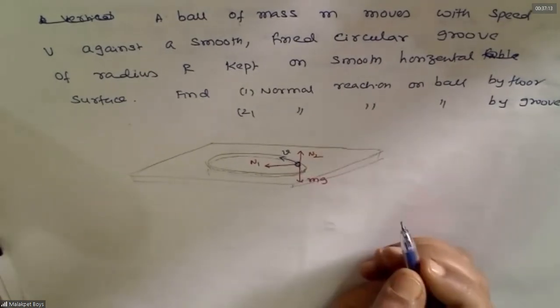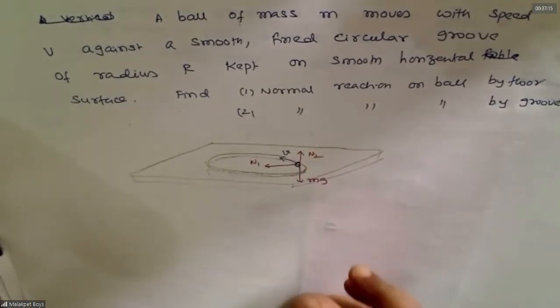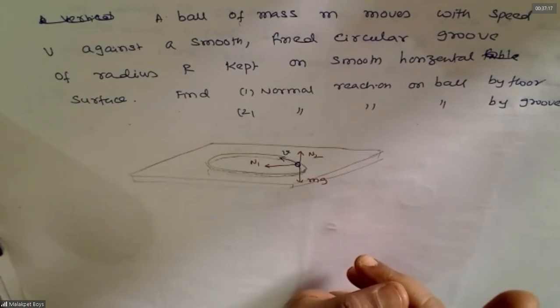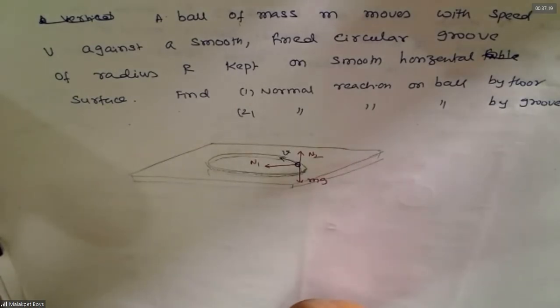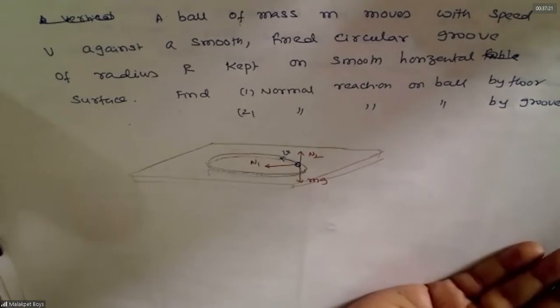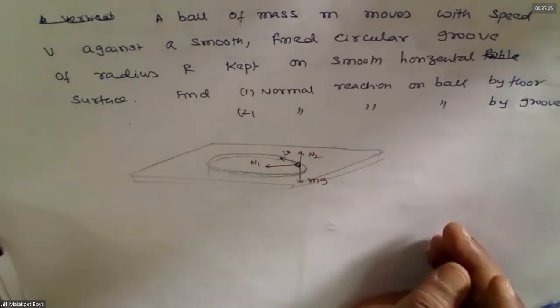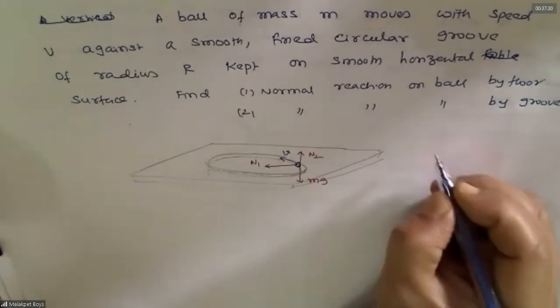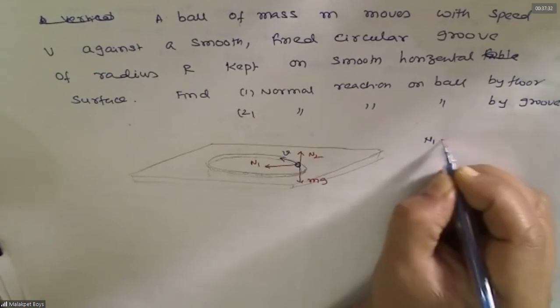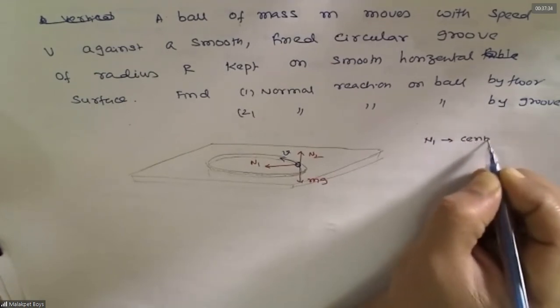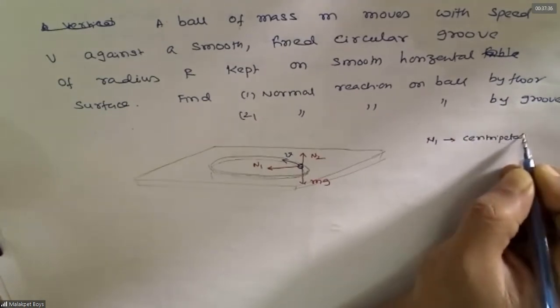N1 provides the centripetal force. This is a mistake even lecturers make. Centripetal force is not a new force. Whichever force is along the radial direction, that is called centripetal force. Here, which force is the unbalanced force towards the center? N1. N1 is the only centripetal force. There is no separate force. Be careful with that.